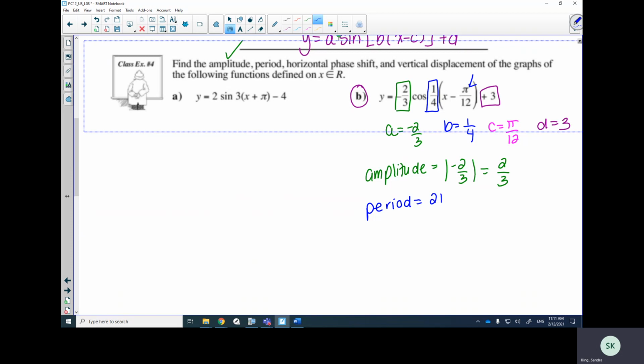So the period is 2 pi divided by the absolute value of B. So just make sure you don't put a negative in. So that would be 2 pi divided by 1 over 4. That would be 2 pi times the reciprocal of 1 over 4, which is 4 over 1. The period of this graph is 8 pi.